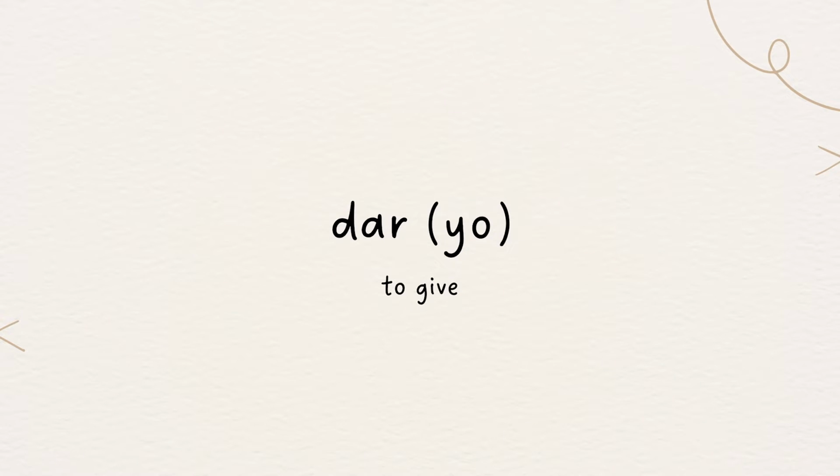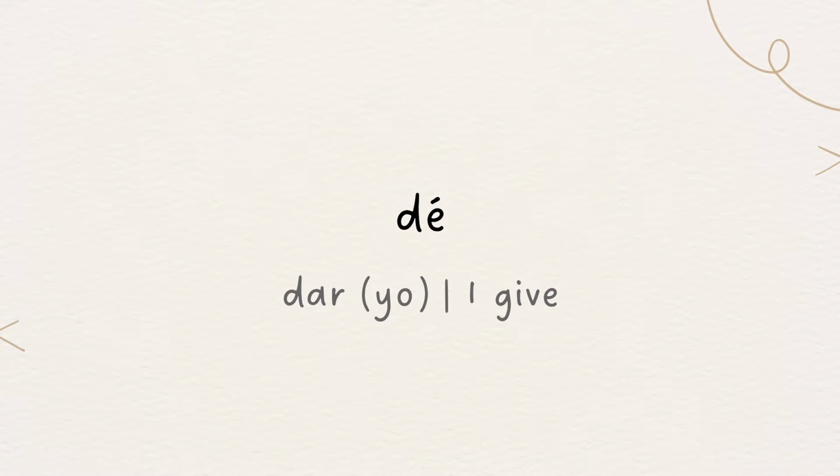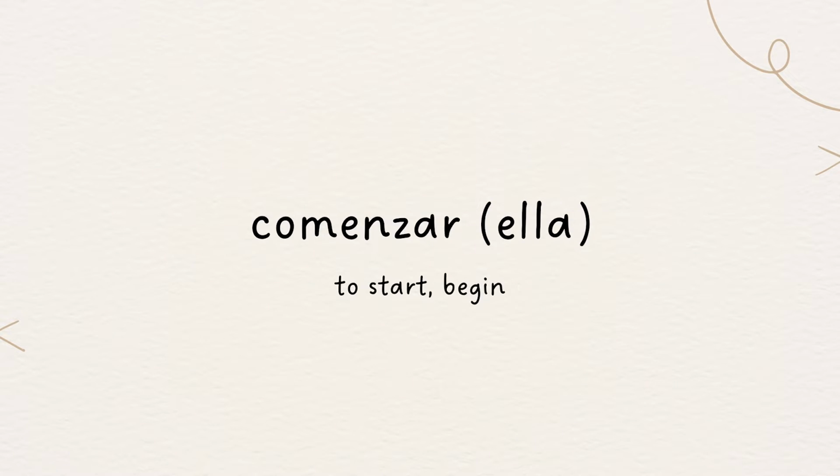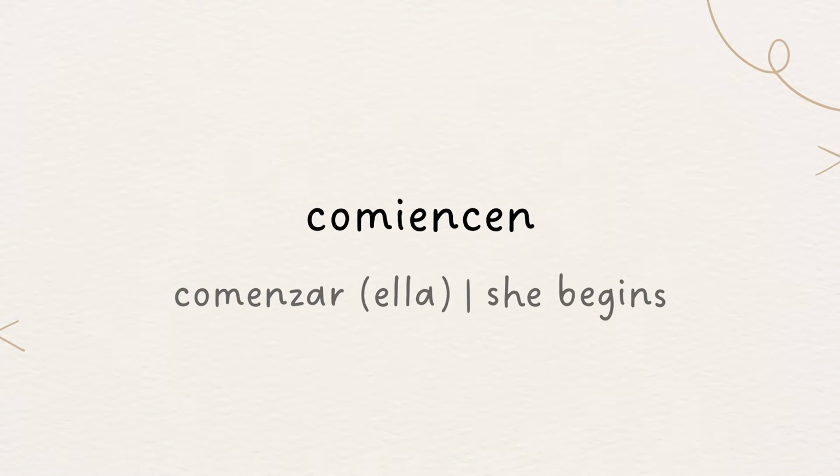Dar with yo becomes de, which means I give. De. Comenzar with ella becomes comiencen, which means she begins.